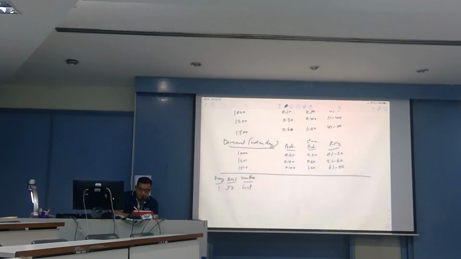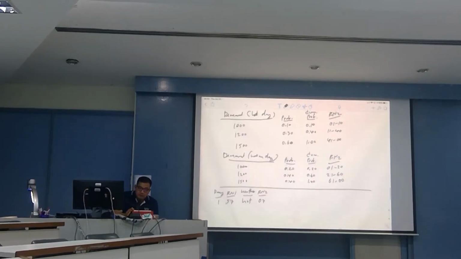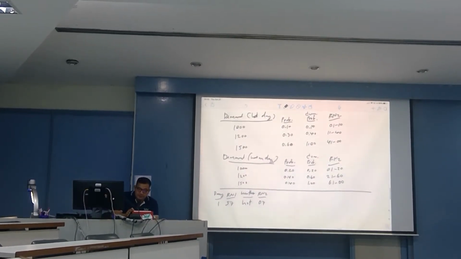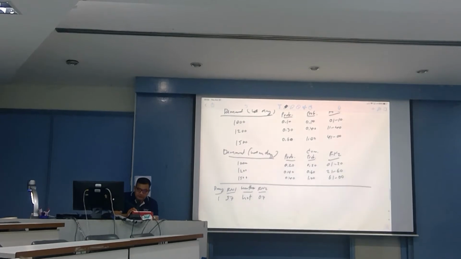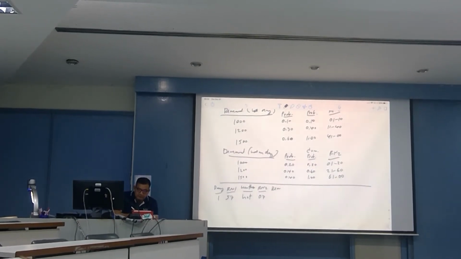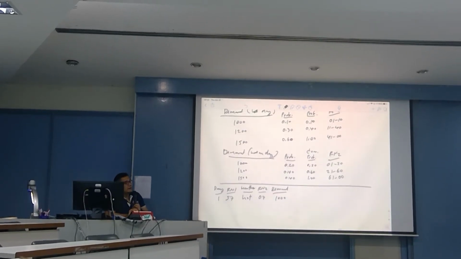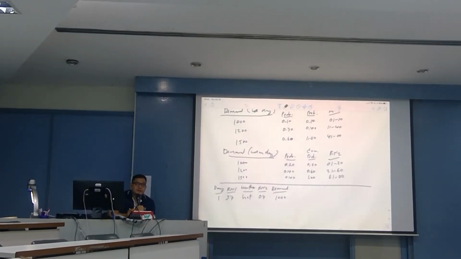And then we do the demand. First one is 07. Look at the hot day. 07 belongs to 1,000. So we have demand 1,000. You have demand 1,000, but you produce 1,200 each day. So then you can sell 1,000, right? But you have unsold 200.